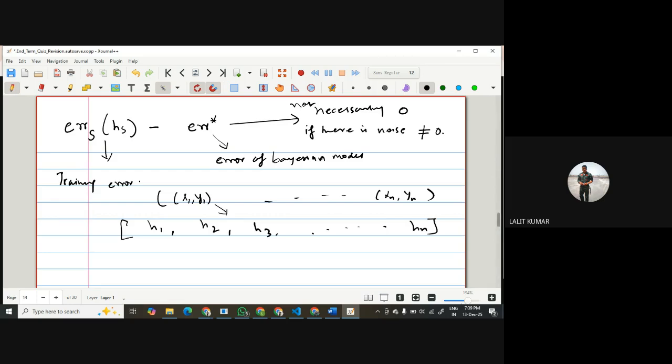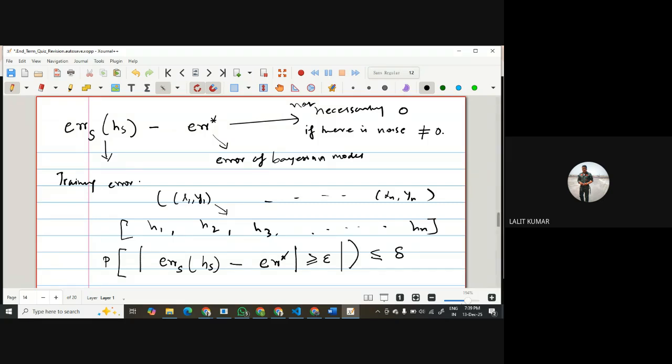We are interested to know the probability that the error I have got from my training data set and the error of the best Bayesian model, the maximum absolute value, plus epsilon or minus epsilon, is less than delta.